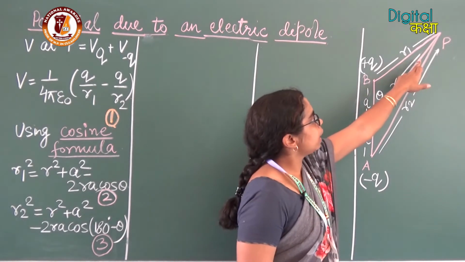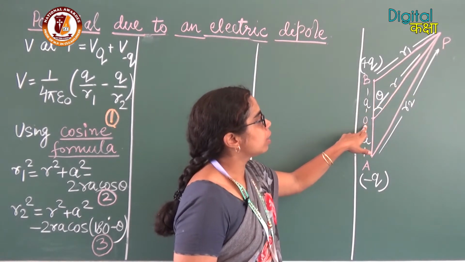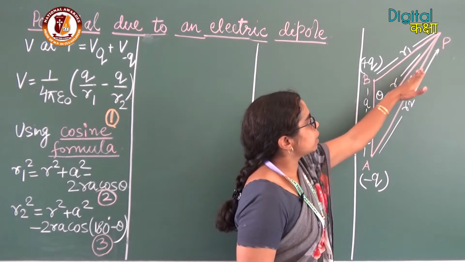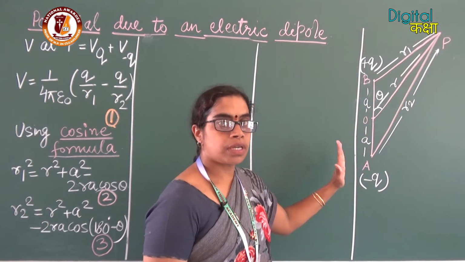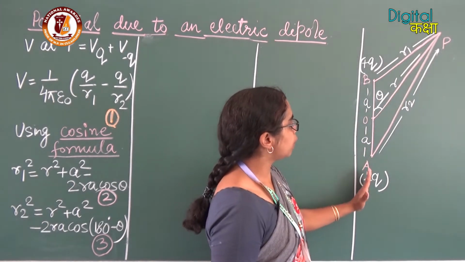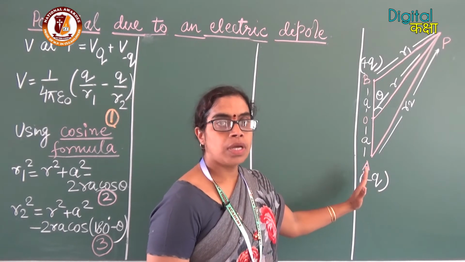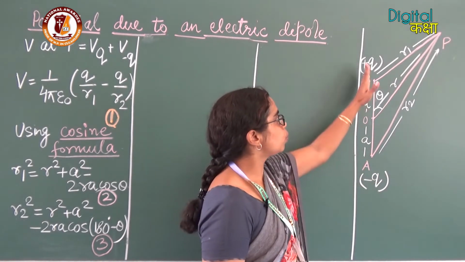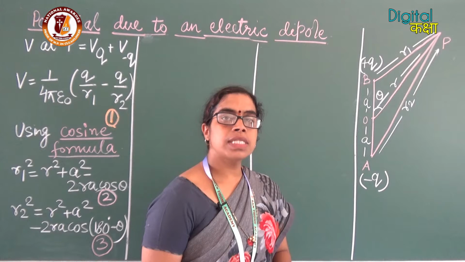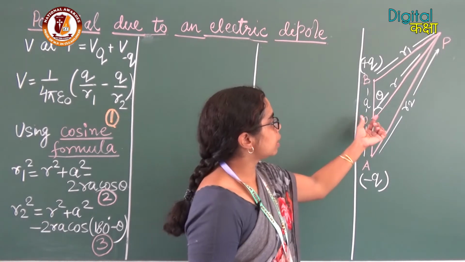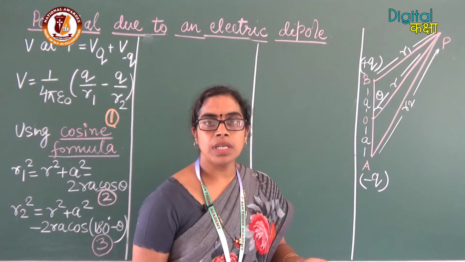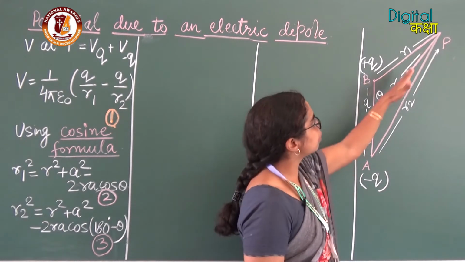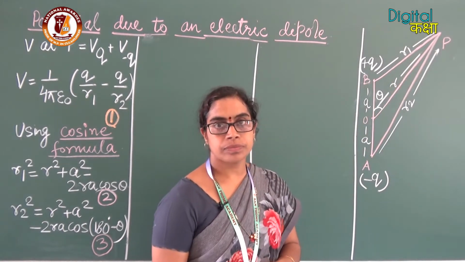The point P is in such a way that OP, or R, is considered to be the position vector, and the direction of the dipole moment of this dipole is directed from minus Q to plus Q. So we can say that in this case theta is the angle which is formed between the dipole moment and the position vector.